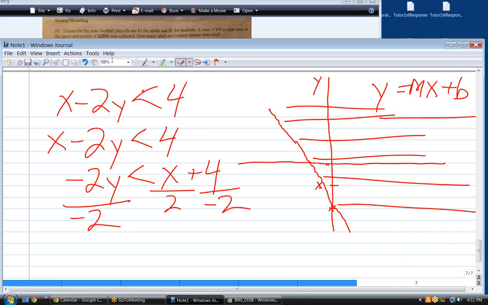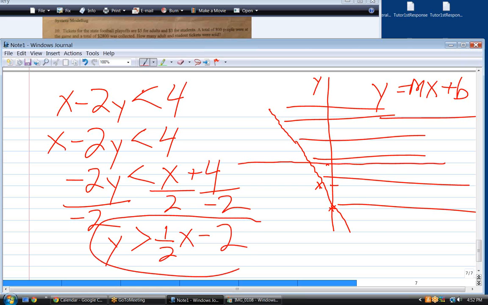The reason is that very last step we did where we divided by negative 2, what does that force us to do with the inequality sign? Flip it. So I can't really solve it as an equation and then pretend that the sign is still this way. I have to solve it as an inequality because in this case I divided by a negative, which flips the sign, and now I have the rest of it.